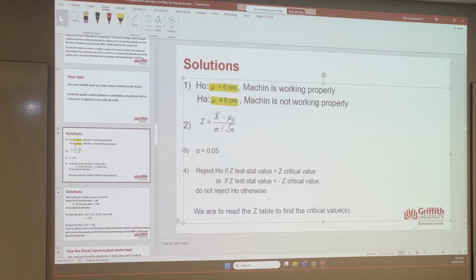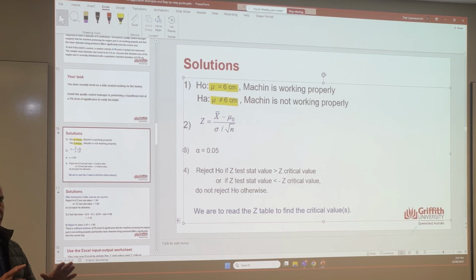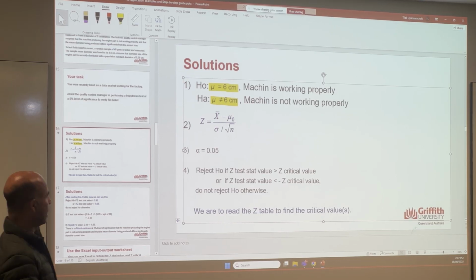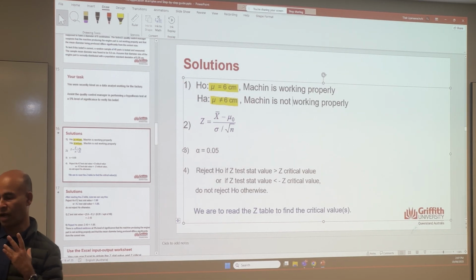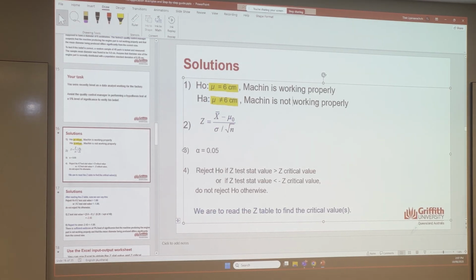Because the engine part has to be exactly 6 centimeters in diameter, exactly fitting onto 6. But if it is bigger or smaller than that, it is faulty. That is why we have to write our null and alternative hypotheses using our common sense. If the machine is working properly, it should fit the engine part. If it is smaller or bigger, it is not fitting properly.